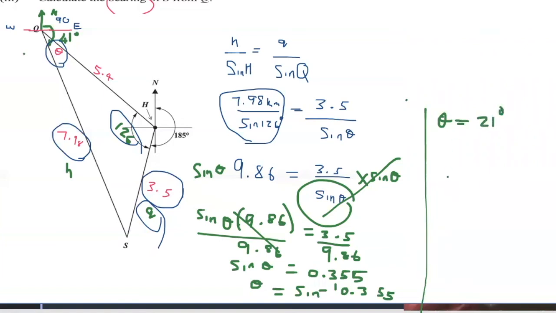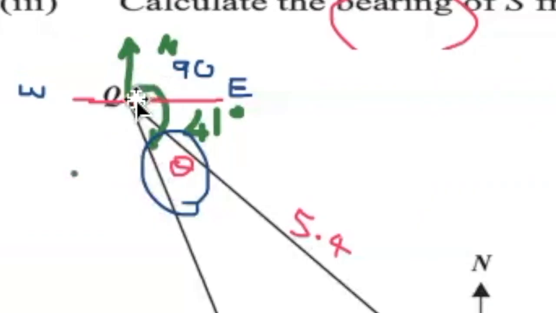So to find the bearing of S from Q, I will have to add 41 plus 21 plus 90. And if you're wondering where I got these, just a reminder, from here to here will be a 90 degree angle.